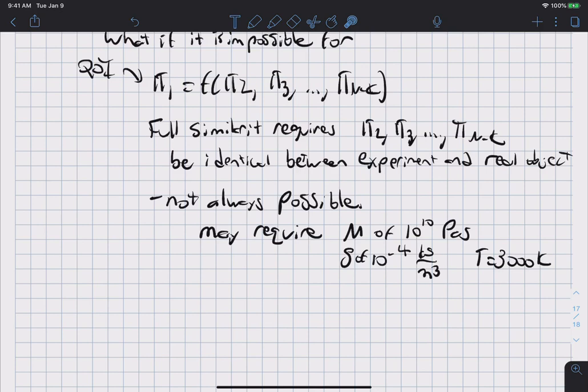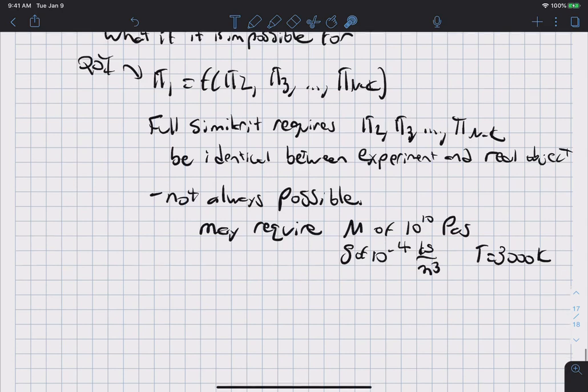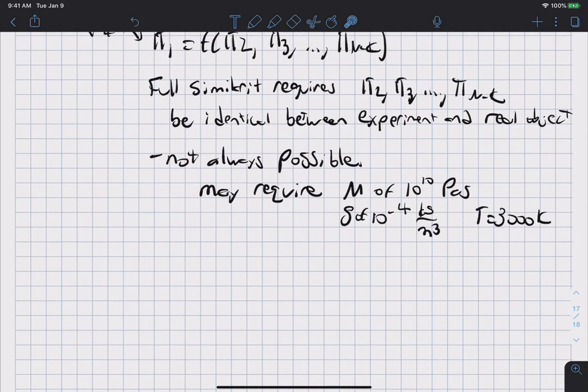So it's not always possible to achieve full similarity between all of the pi groups between the experiment and the real object. When this happens, it's called incomplete similarity.